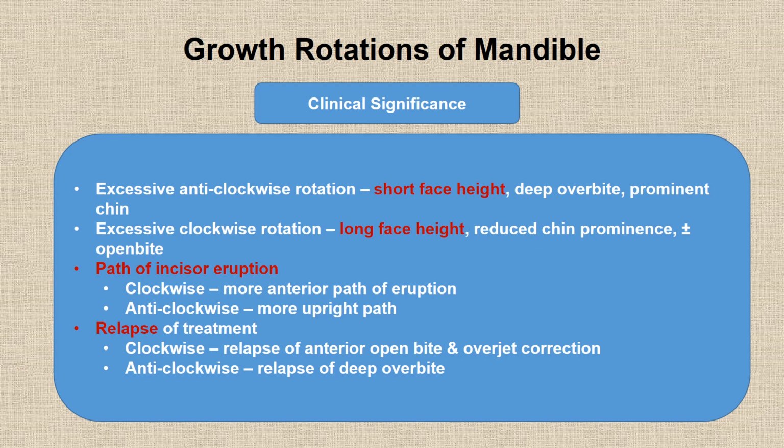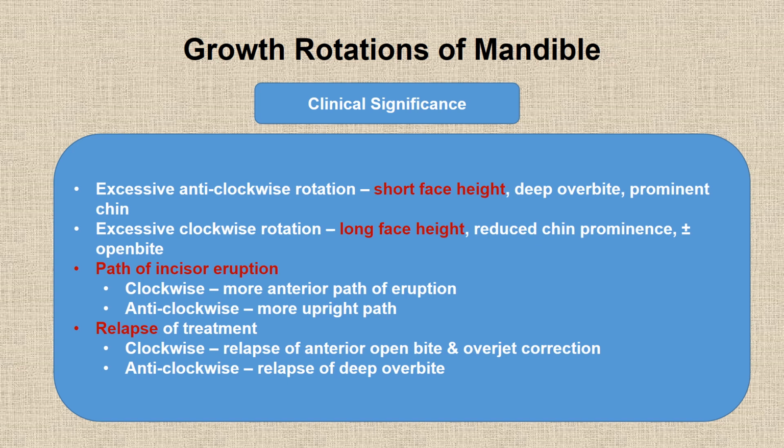Now, what is the clinical significance of these rotations? As I mentioned, excessive anti-clockwise rotation results in what is known as short face syndrome, whereby the facial height is reduced.